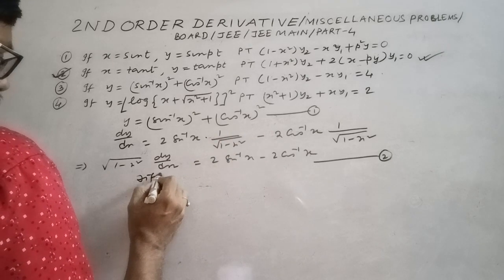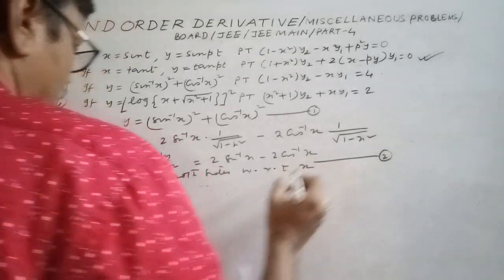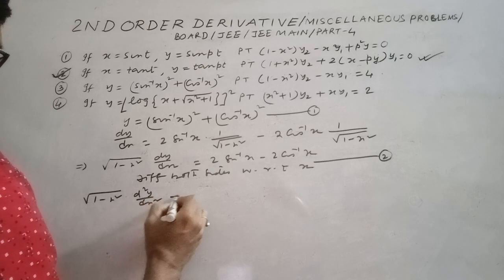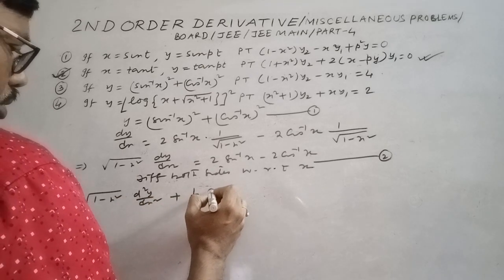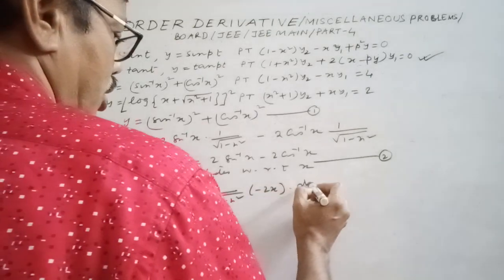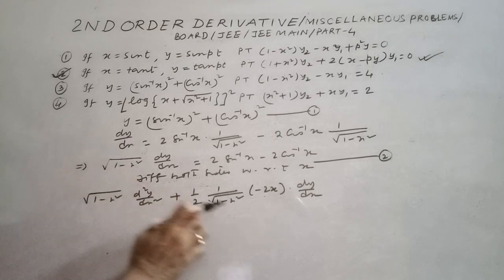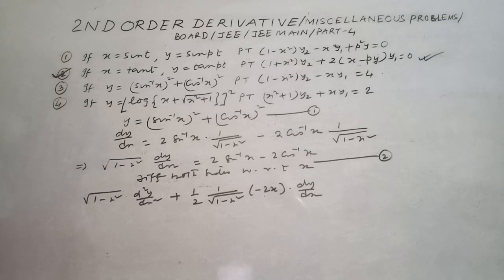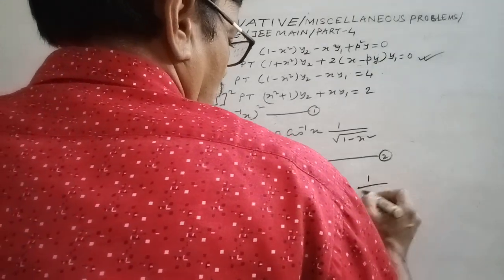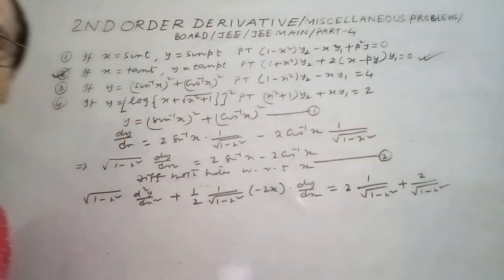Suppose we are not taking the square because this one is not simplified. So differentiating both sides with respect to x: root(1 minus x square) d2y/dx2 plus half into 1 over root(1 minus x square) into minus 2x, then dy/dx unchanged, equals 2 over root(1 minus x square) plus 2 over root(1 minus x square).